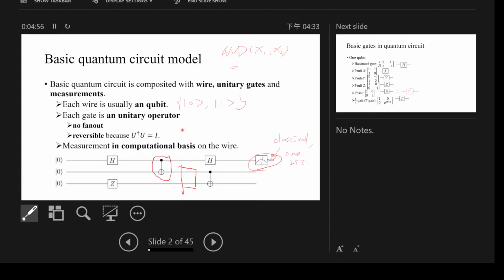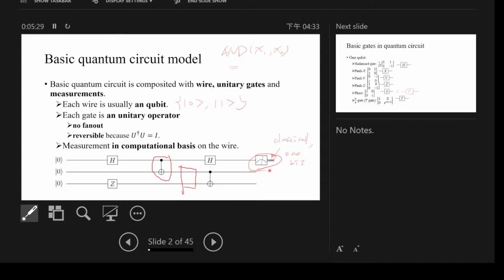Okay. And also there is measurement, and most of the time we assume the measurement is in the computational basis, because as we described in the quantum mechanics chapter, computational basis measurement is computationally equivalent to all the generalized measurements.